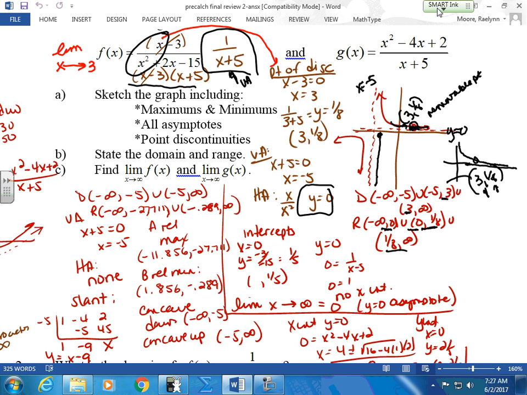Okay with this one? Now, as x approaches infinity, watch what happens. As x approaches infinity means as x gets higher and higher over here, what's my y value? Right now I have an asymptote.